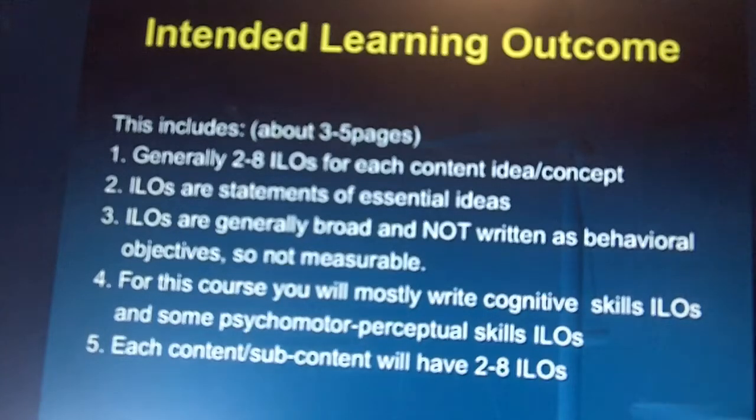The other part of the intended learning outcome is that you can write intended learning outcomes based on what kinds of learning you would want to focus on. So for example, you can write objectives where the affective aspect of students is also measured or valued.